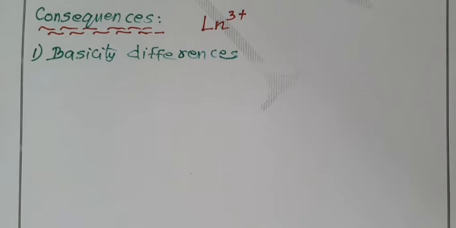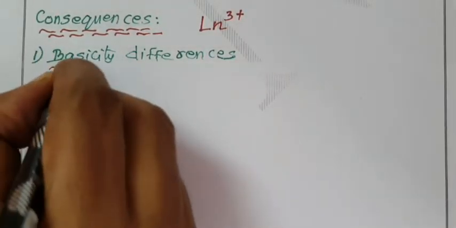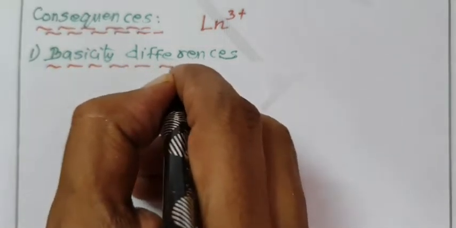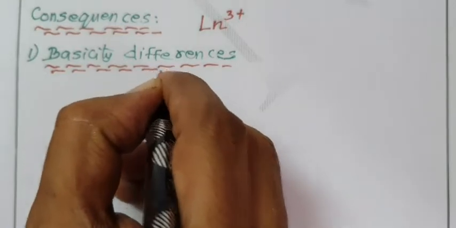Basicity differences. We know the common oxidation state is Ln3+. Before that, I write the order of decreasing ionic radii of all the lanthanides.